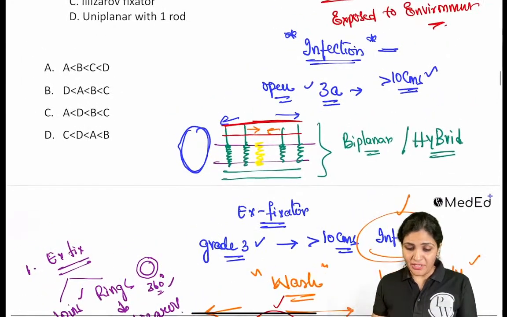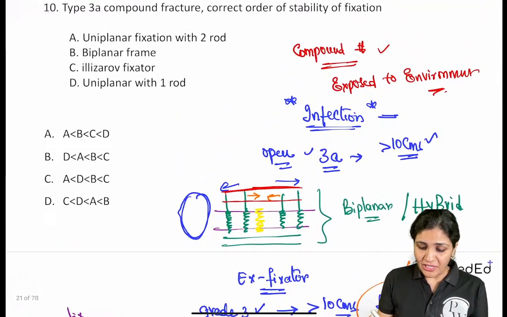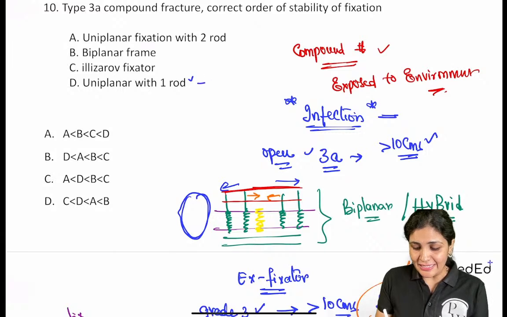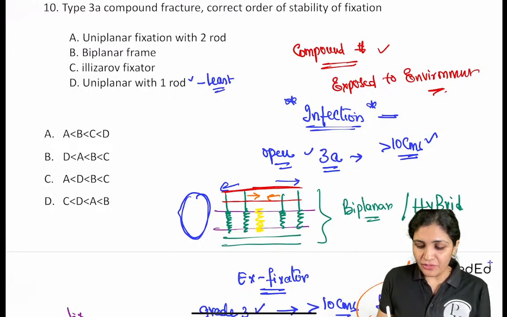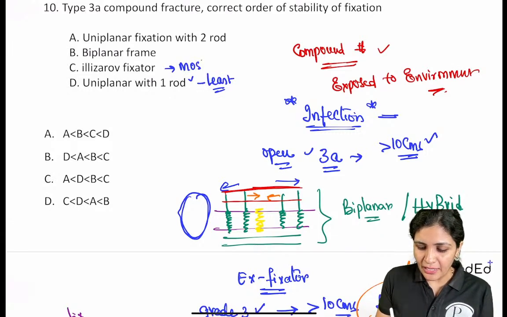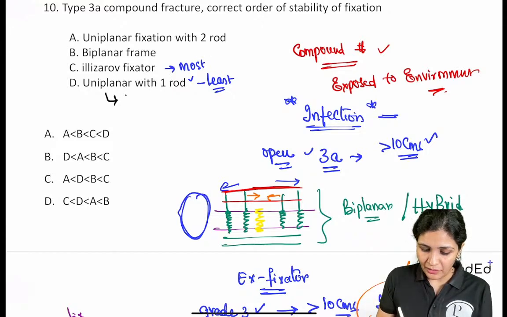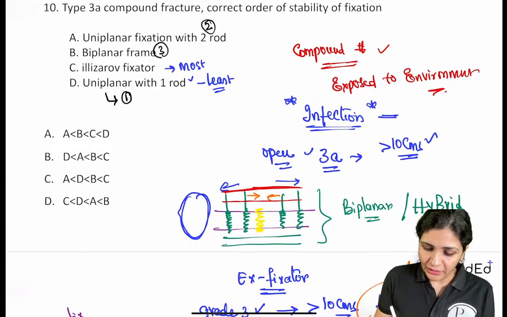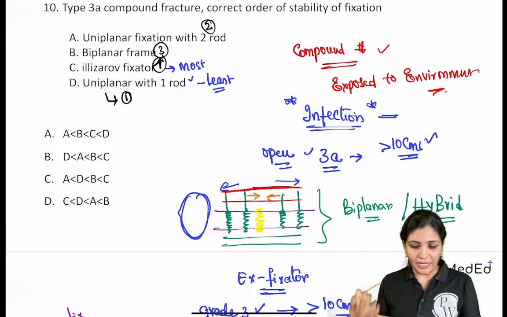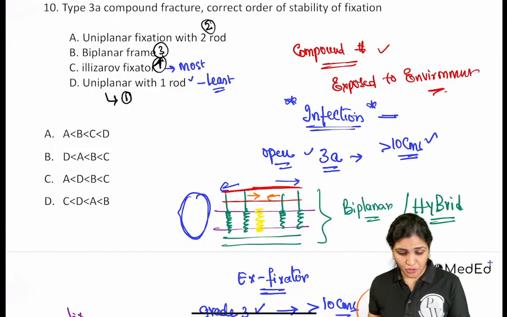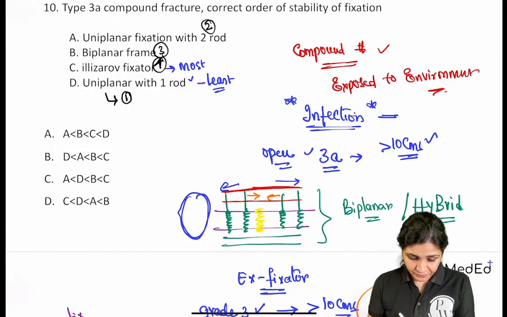So whatever might be the fixation, always the uniplanar fixation with one rod is the least stable, and the ring fixation is supposed to be the most stable. I'm going to give this the first place, that is 1, in increasing order. Then you go for 2, then 3, then 4. So check for your answer. So B is supposed to be the most stable one, right?